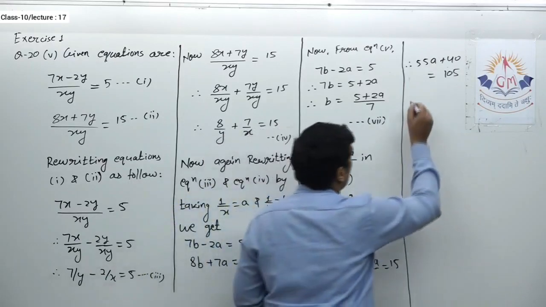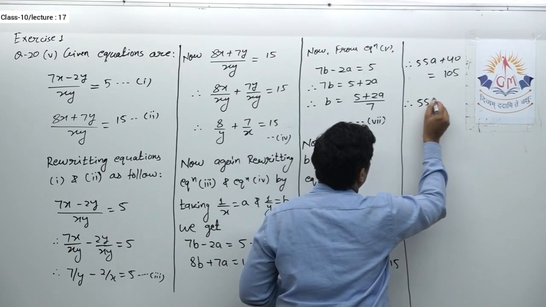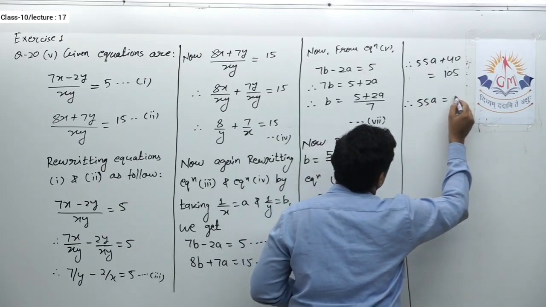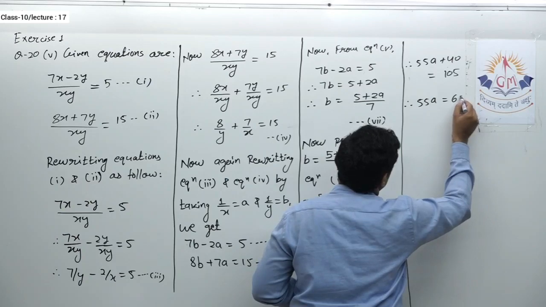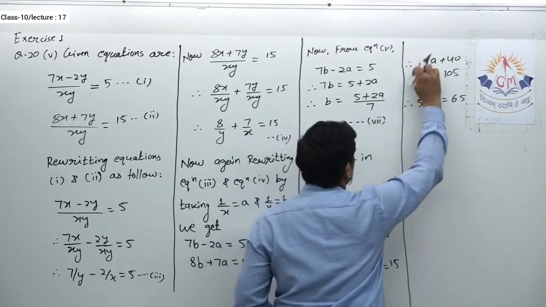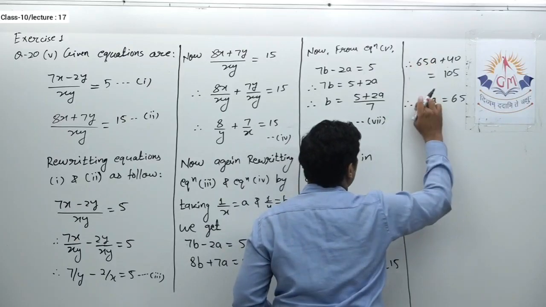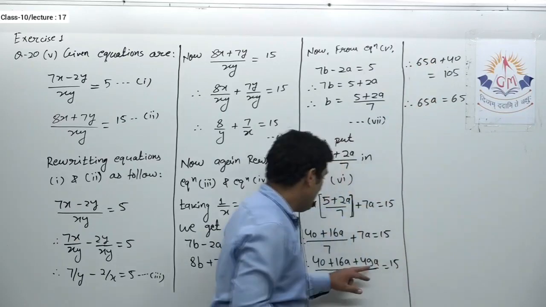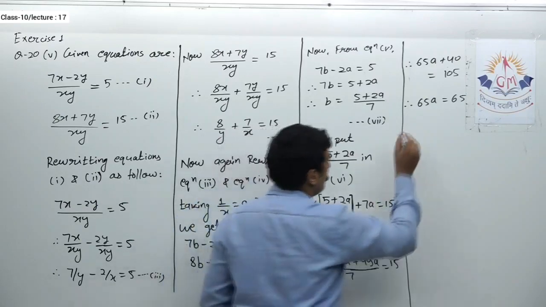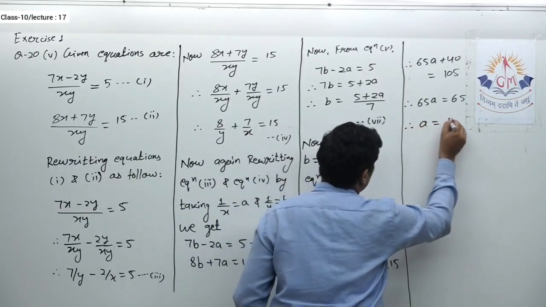So 65a is equal to 65. Therefore, a is equal to 1.